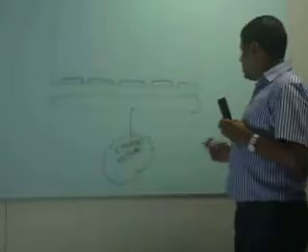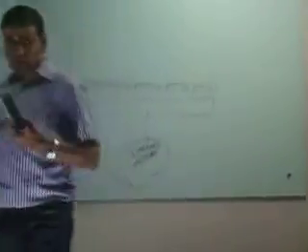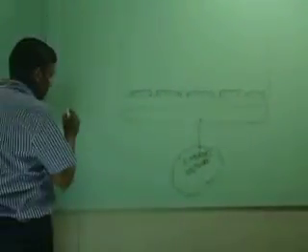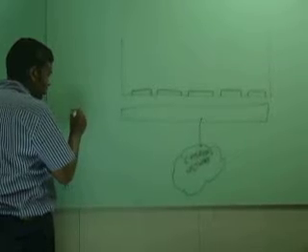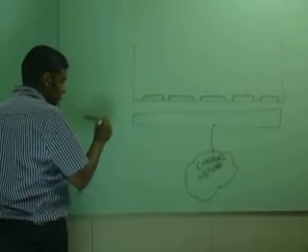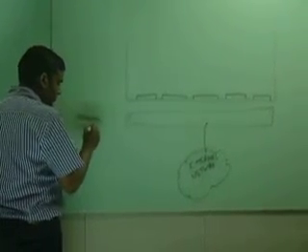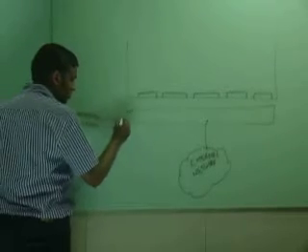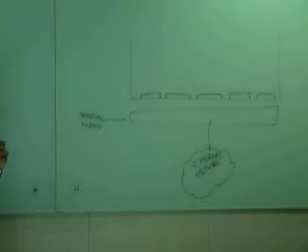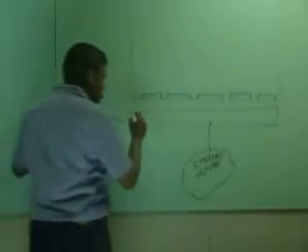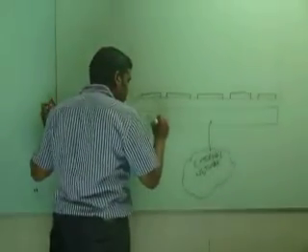So let's just label what we have discussed here. So this is your external network, this is your physical switch, and obviously there are ports on this physical switch.